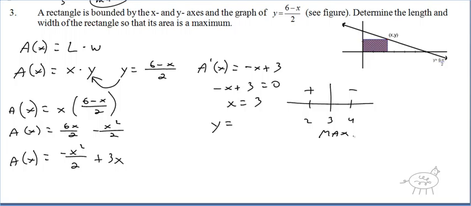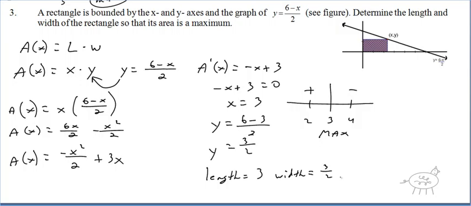And then I plug it back in, I get 6 minus 3 over 2, so y is equal to 3 halves. Okay, and so it's nice to have the x and the y, but make sure you answer the question correctly. Determine the length. The length, of course, as I said, is my x value, and the width is my y value.